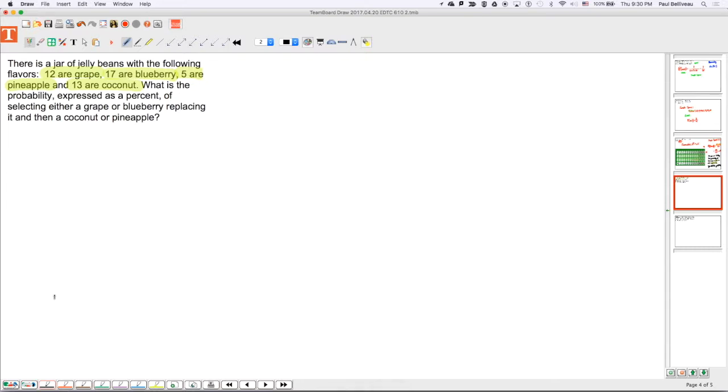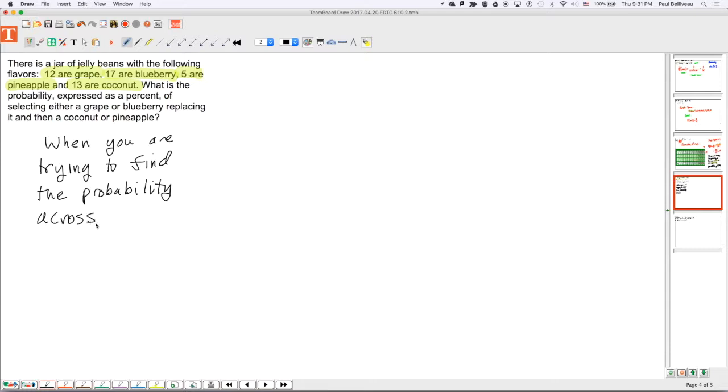Here's the rule. When you are trying to find the probability across multiple experiments, you multiply.